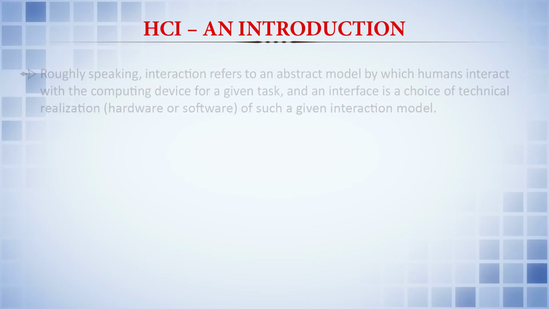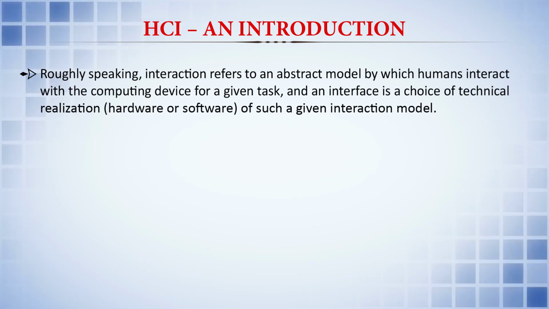What exactly is the interface and what is the interaction? Interaction is a concept to be distinguished from the similar term called the interface. Roughly speaking, interaction refers to the abstract model by which humans interact with the computing device for a given task, and interface is a choice of technical realization, that is, the hardware or the software of such a given interaction model.